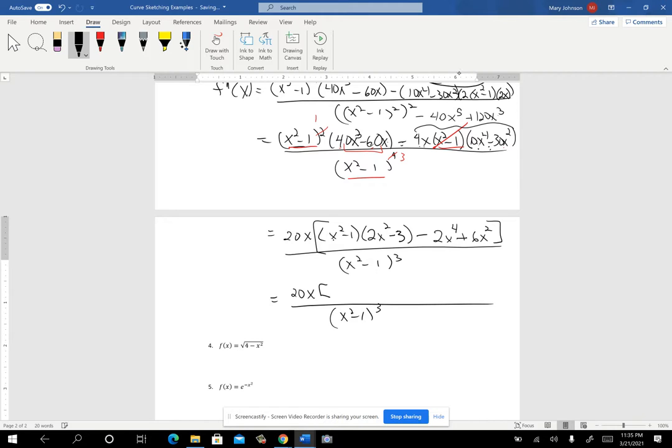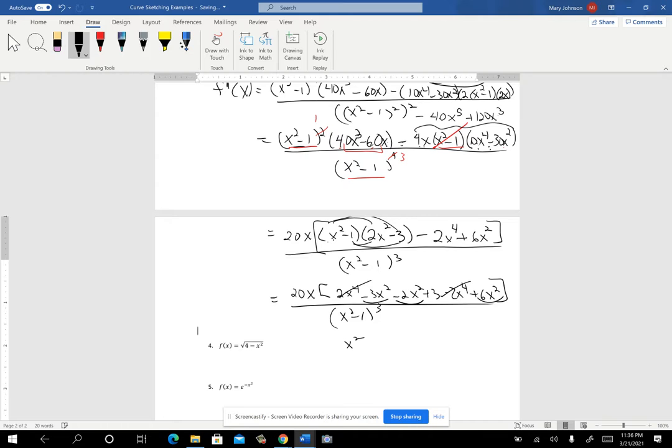Okay, so inside here, let me go ahead and FOIL this. That would be 2x to the fourth minus 3x squared minus 2x squared plus 3. And then we have minus 2x to the fourth plus 6x squared. So the 2x to the fourth will go. This will be minus 5x squared plus 6x squared.